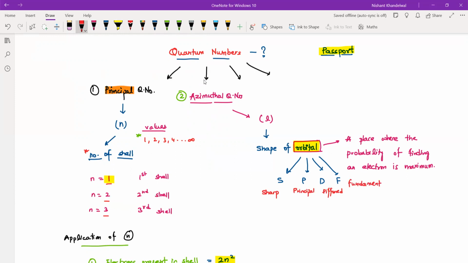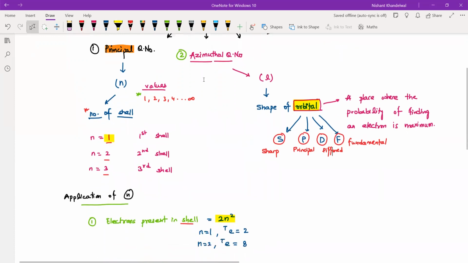So these are the four orbitals especially associated with l. Now we will come to what is s, what is p, what is d, and what is f. We will come to it.